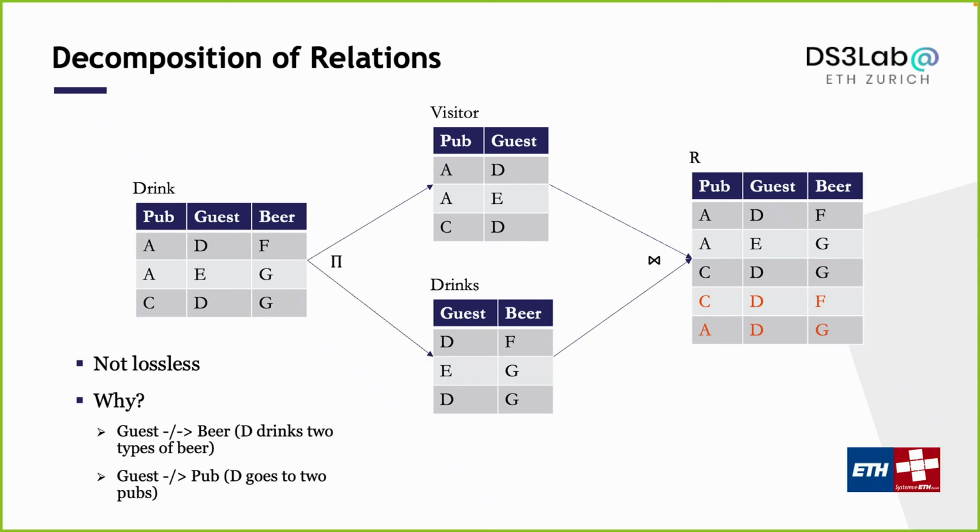You do not have guest determines beer, because if you look at guest D, that person drinks two different types of beers. You do not have guest determines pub, because if you look at person D again, that person goes to two different pubs. You do not have the functional dependency that the intersection of the two decompositions determines one of them. Because you do not have this, the decomposition is not lossless.